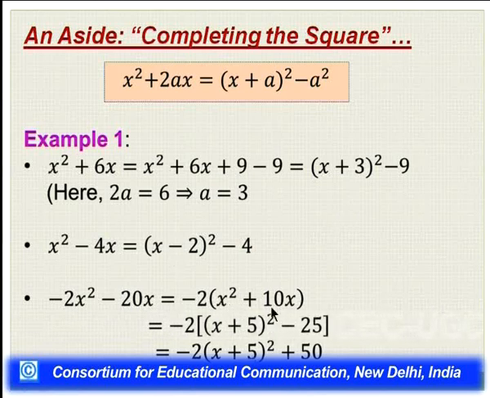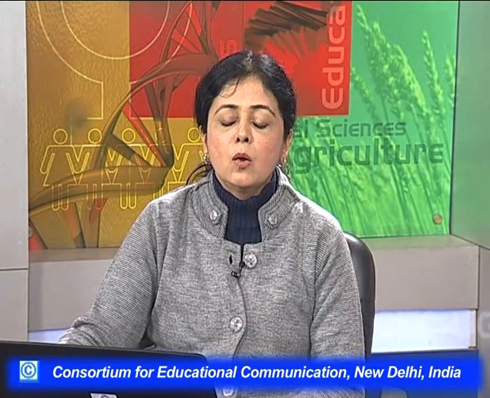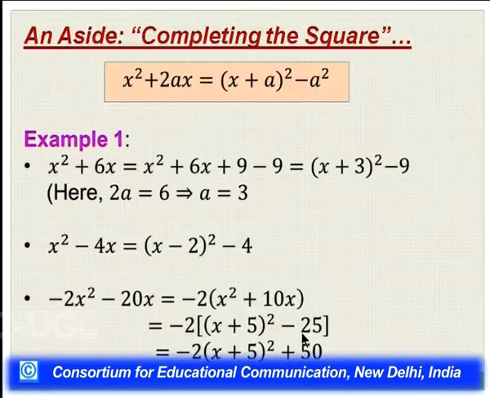Again, I'll look at the coefficient of x, which is 10, divided by 2, which gives me a 5. Then I'll add and subtract the square of 5 from this expression, which gives me −2 times ((x + 5)² − 25). And this in turn, if I take the −2 inside and multiply it with the terms here, I'll get −2(x + 5)² + 50.